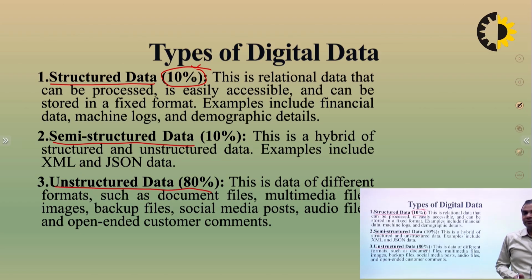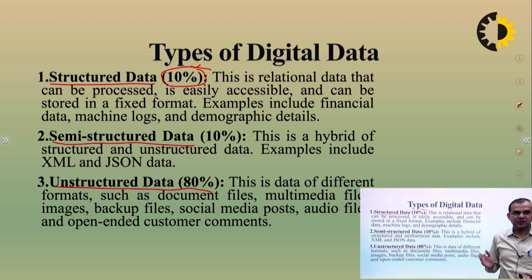Second is semi-structured data. Semi-structured means a combination of structured and unstructured data, a hybrid. Some data is in proper format and some is not. That is known as semi-structured data.